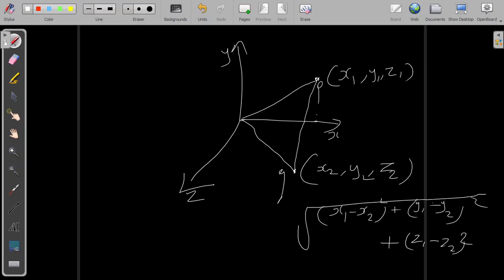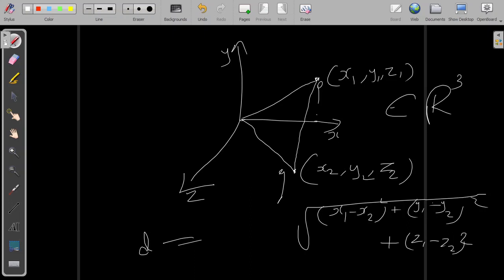This is again defined as the norm. This is the distance d between the two vectors p and q, defined for R3.